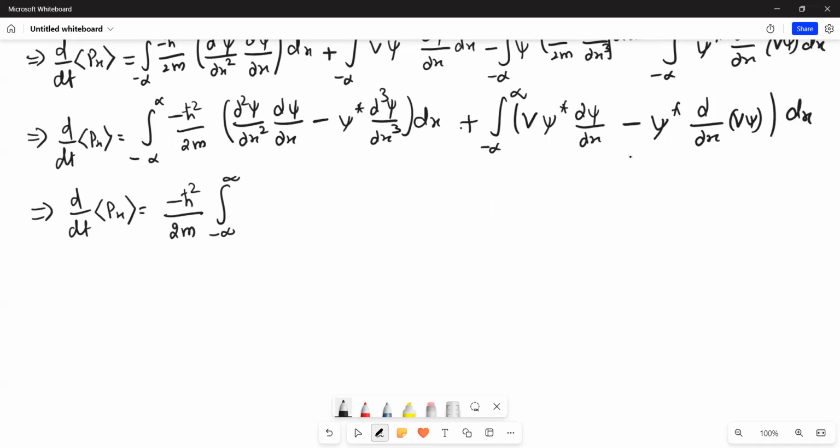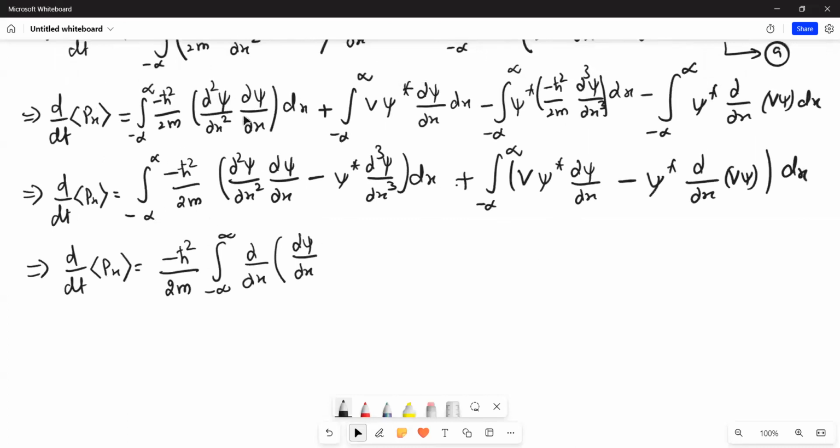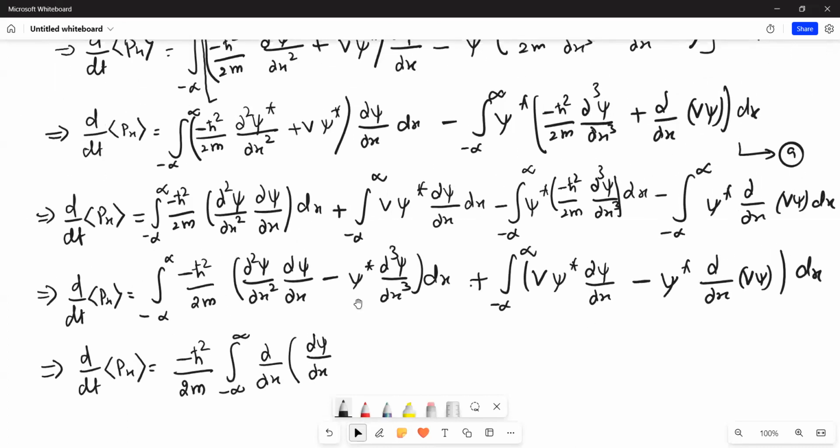Now consider that dou by dou x is a common term from this. So in the bracket, what will you get? Dou psi by dou x, right? Actually, we forgot one small thing here, the star.